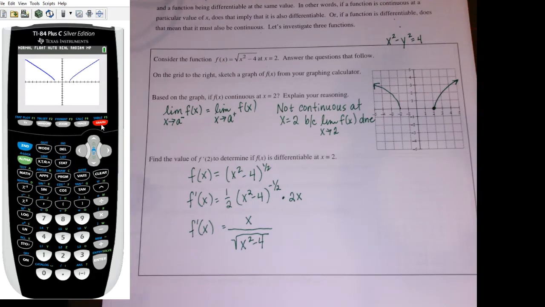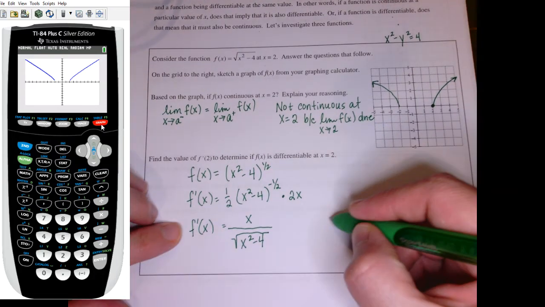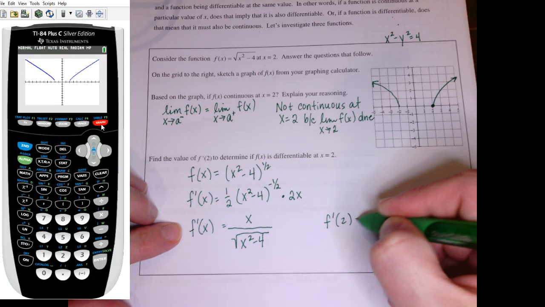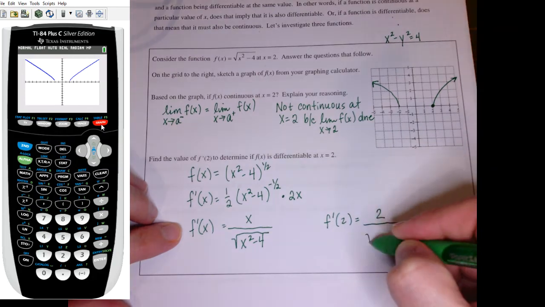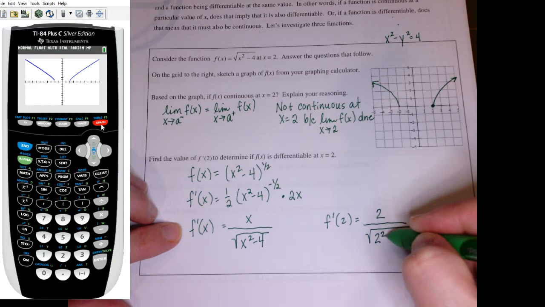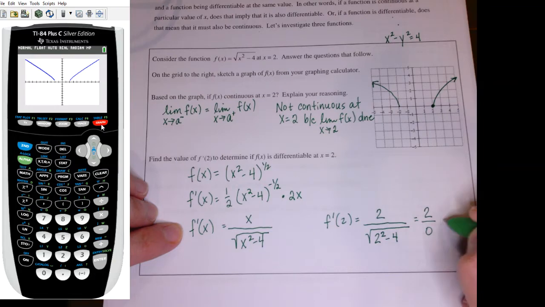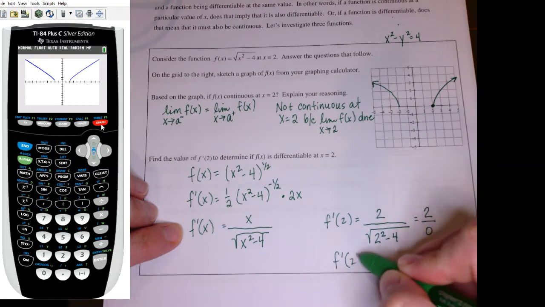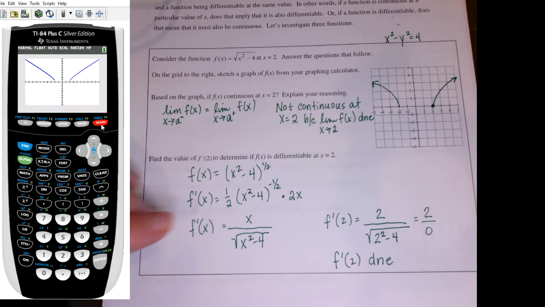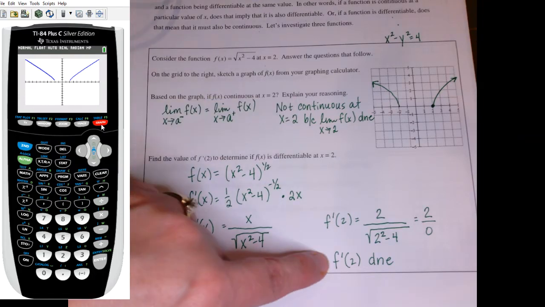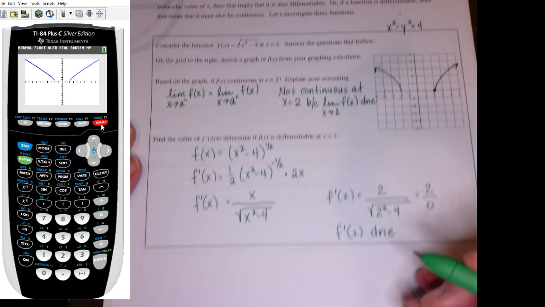Now, let's see what happens when we plug in 2. If I put 2 in for x, in the numerator I get 2. In the denominator I get 2 squared minus 4, which is 0. That tells me the derivative at 2 does not exist. Now you may be asking yourself, well, what does that mean? I'm glad you asked. What this means is that if we're not continuous, then the function is not differentiable.